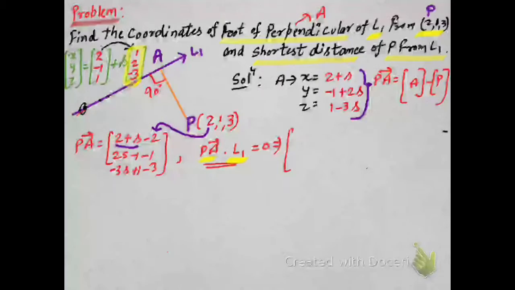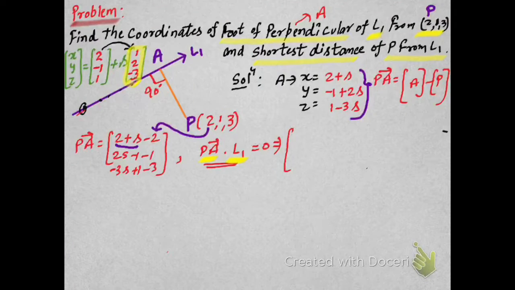And vector PA we already got from here after subtracting the coordinates of A and P. Let's continue the calculation. So 2 minus 2 is 0, so I'll just write S here, and 2S minus 2, and negative 3S plus 1 and minus 3 is minus 2.